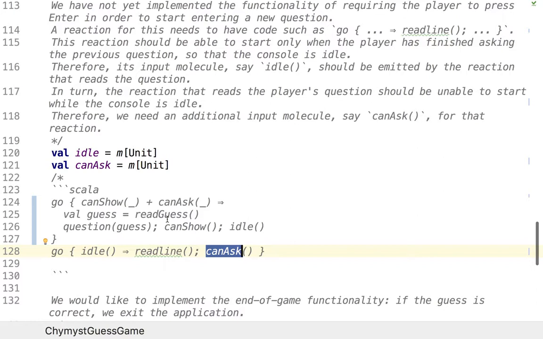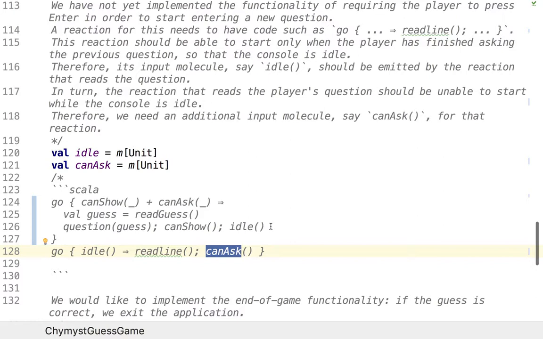So in this way, idle is consumed, can-ask is emitted, or can-ask is consumed, idle is emitted. So either can-ask or idle are present at the reaction site, but not both. So in this way, we model the console state.